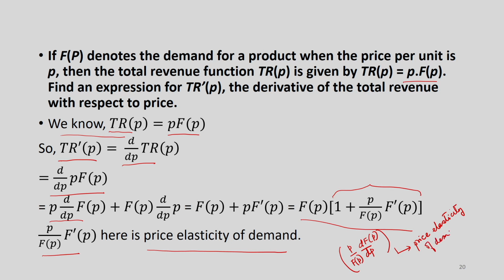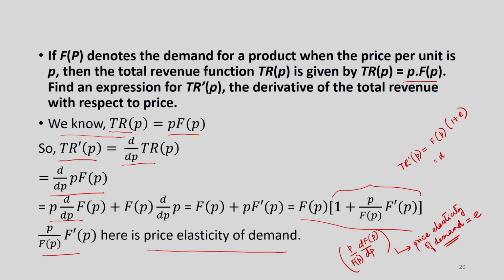Okay. And if we denote this simply as small e, then what we are getting is that the derivative of total revenue with respect to price is equal to F(p) multiplied by 1 plus e, right, and F(p) is nothing but the demand.